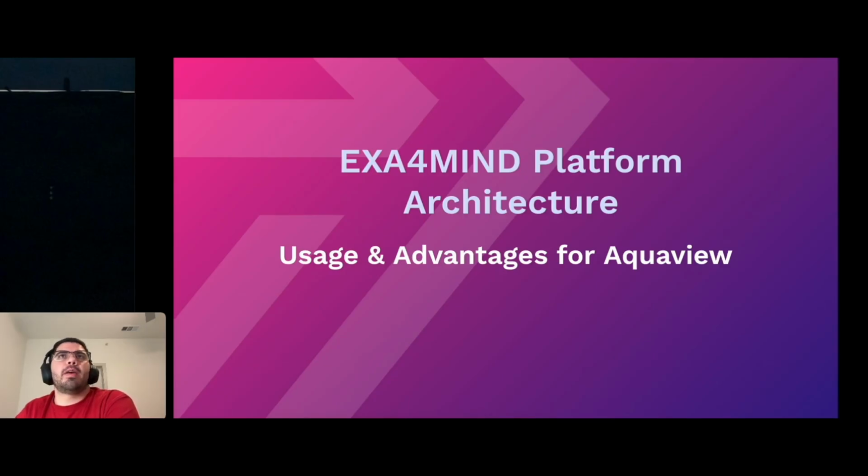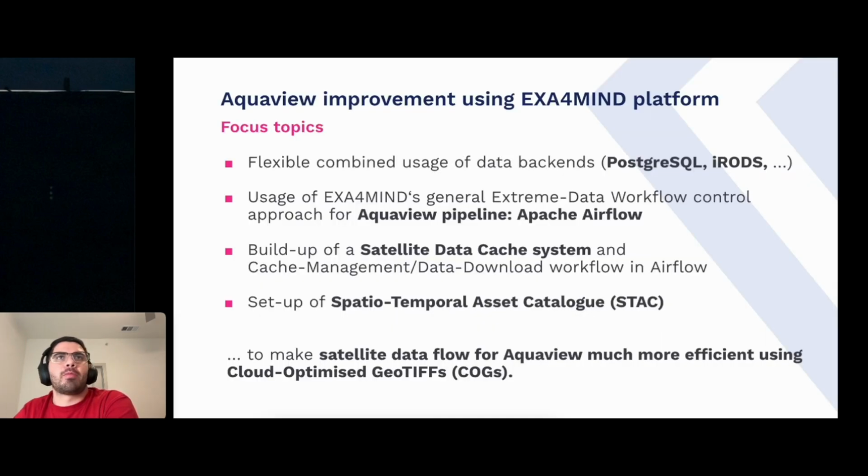Now let's talk about the EXA4MIND platform architecture, the usage and advantages for Aquaview. In this slide, we can see some key improvements, such as flexible combined usage of data backends, Postgres and iRODS, the usage of EXA4MIND general stream data workflow control approach for the Aquaview pipeline, Apache Airflow.